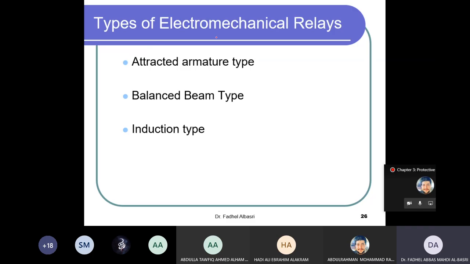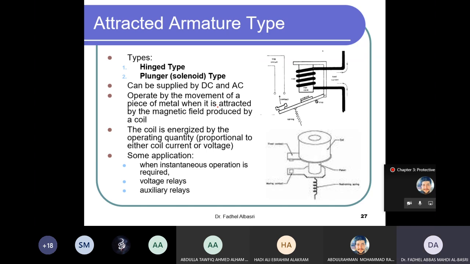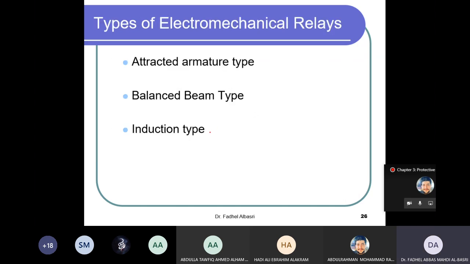The electromechanical relays are classified into 3 types: attracted armature type, balance beam type, and induction type. Induction type can also be classified into 2 types: induction disk type and induction cup type. Inshallah, we will cover the induction disk type and induction cup type.